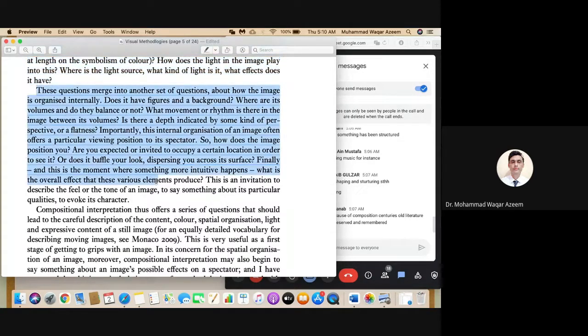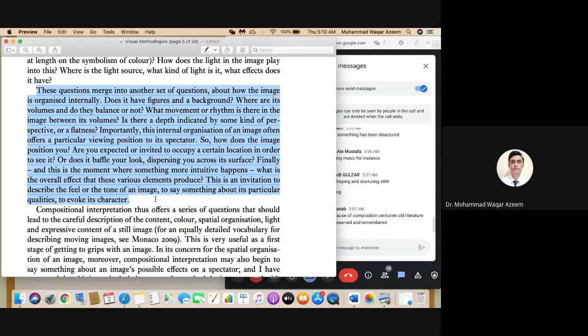So these questions merge into another set of questions about how the image is organized internally. Does it have figures and a background? Where are its volumes and do they balance or not? What movement or rhythm is there in the image between its volumes? Is there depth indicated by some kind of perspective, or is there flatness?